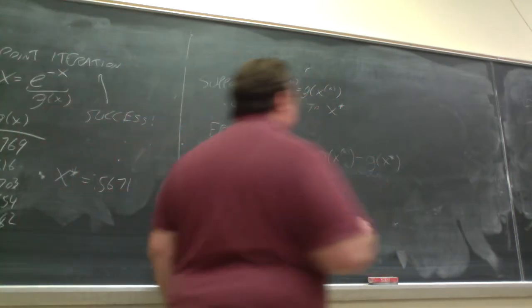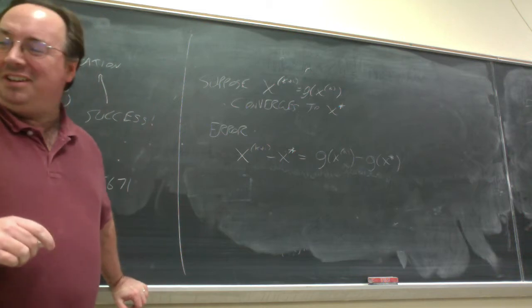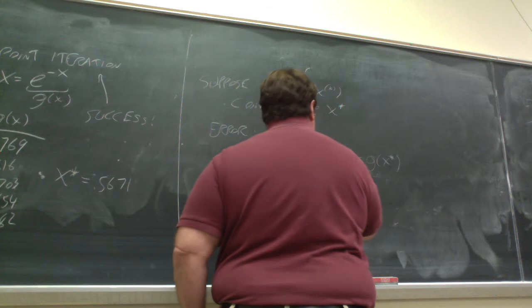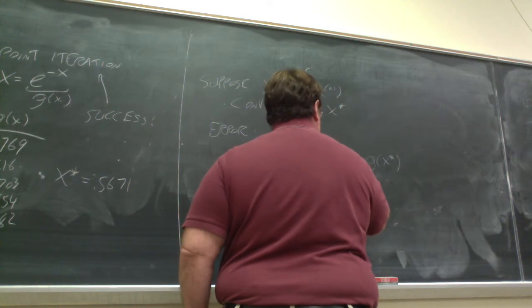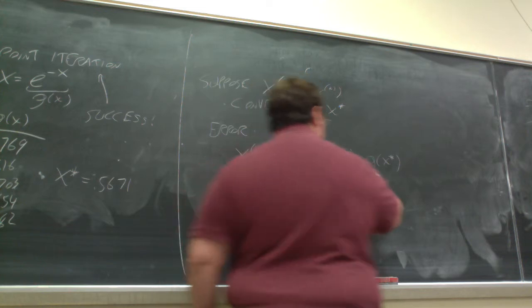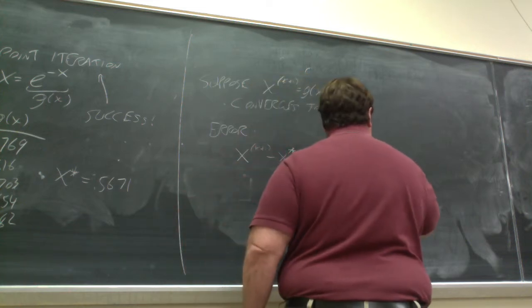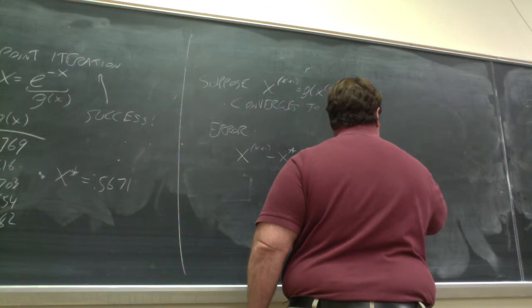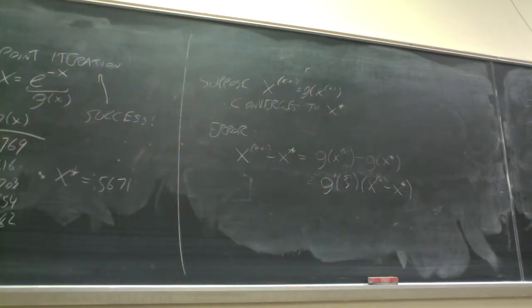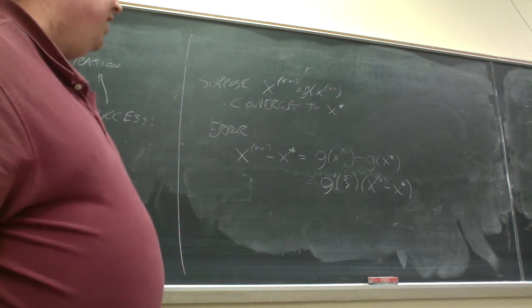Anyhow, so what you can do with this is I can write this as g prime of some value c, the Greek letter, times the difference in the x values that are plugged in.